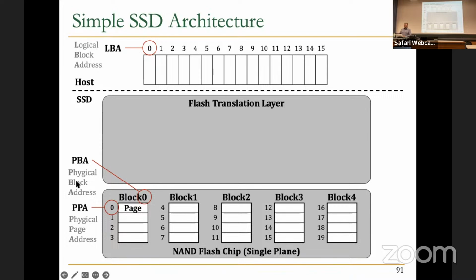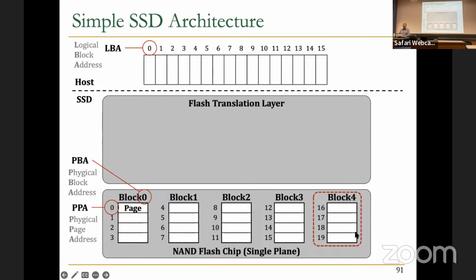Each of these pages is called a physical page address. This is the terminology that you need to get used to. It's also sometimes quite confusing because at the OS, at the host, we call it block address, but essentially it's a page address at the SSD. That's very unfortunate as well.